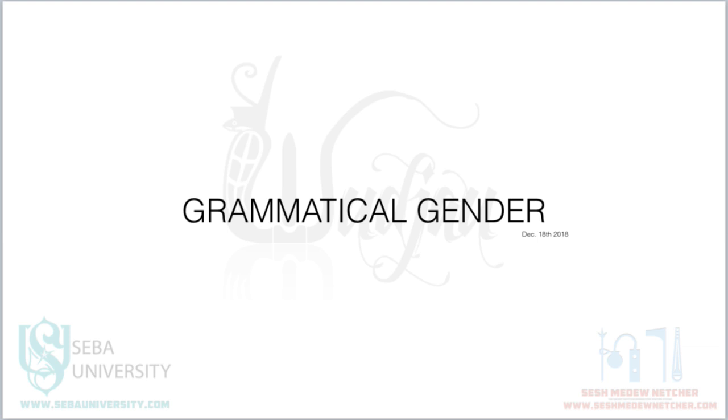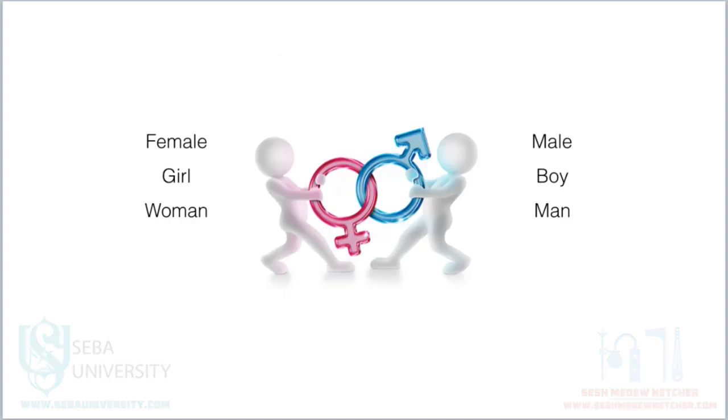Now, when we first talk about gender in everyday normal conversations, this is what most people are referring to, what you see on the screen. When you think of gender, you think of female, a girl, a woman, or a male, being a boy or a man.